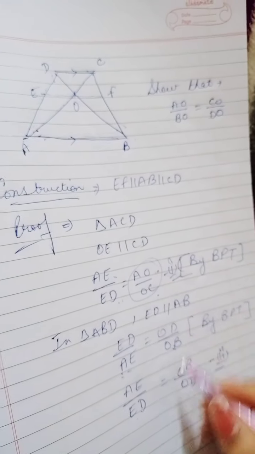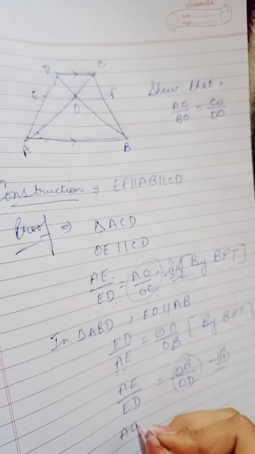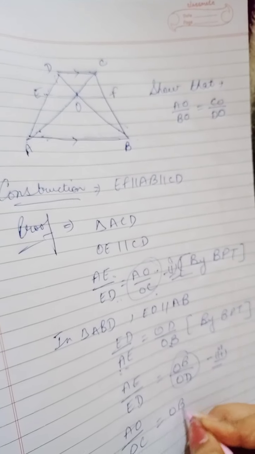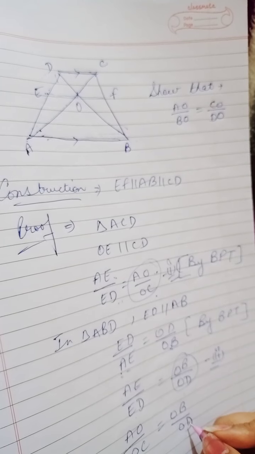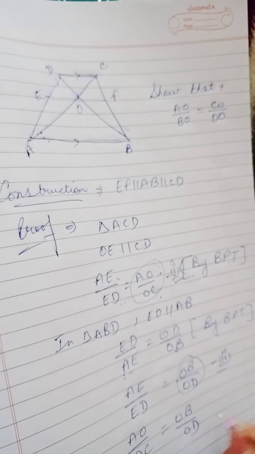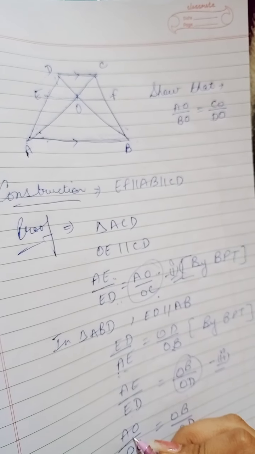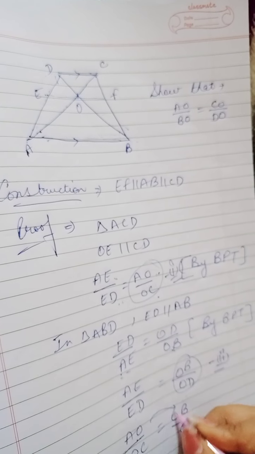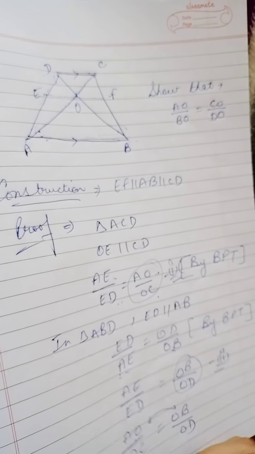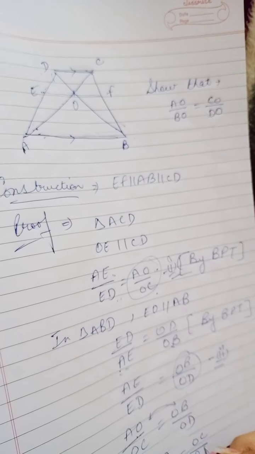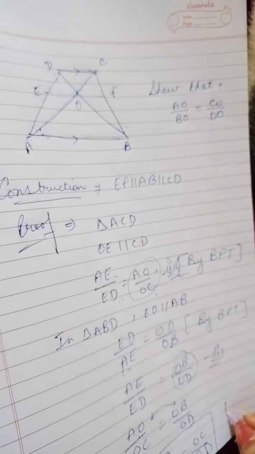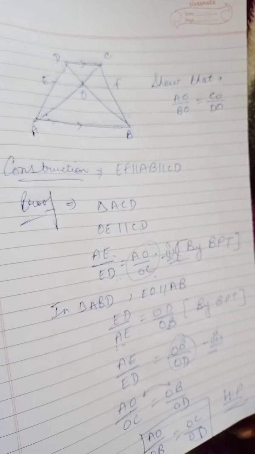Therefore, AO by OC would be equal to OB by OD. Simply, you can interchange, as in similarity this is possible. So AO by BO equals OC by OD. Hence proved.